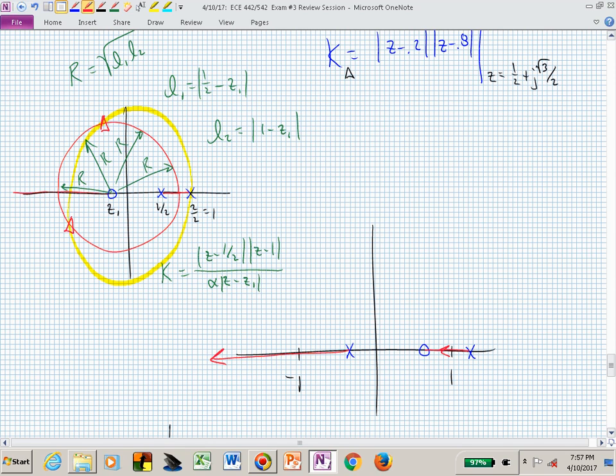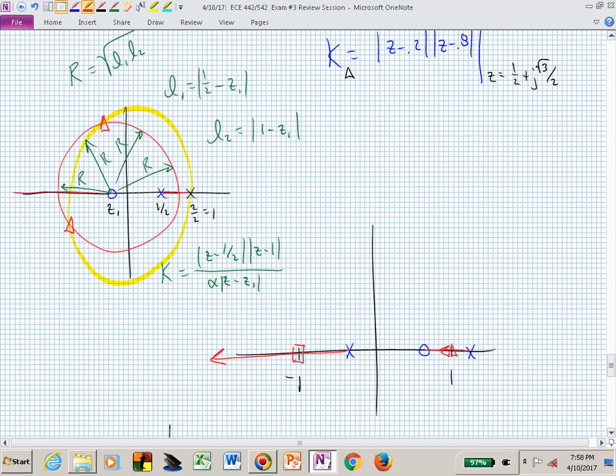Is this system stable for any choice of k? What do you need to check for stability? You could check that location, and you could check the gain formula at that location.